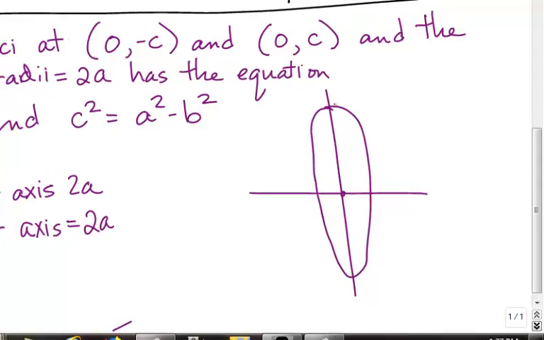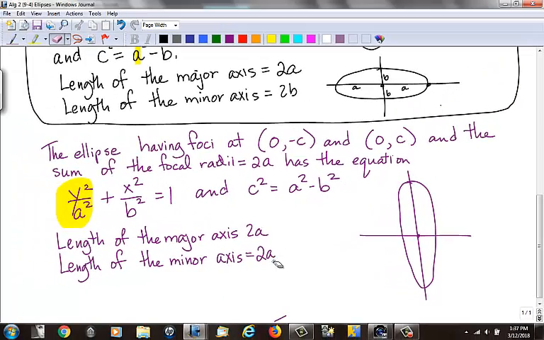From here, oh sorry, should be 2b. Thanks. 2b. I should change that to a b. Yeah. So from here to here is your a. Okay, that's your a. So the length of that major axis would be 2a, and from here to here would be the b, to the co-vertices. And the foci on that would be somewhere on this major axis, and that would be from here to here would be your c. Okay?